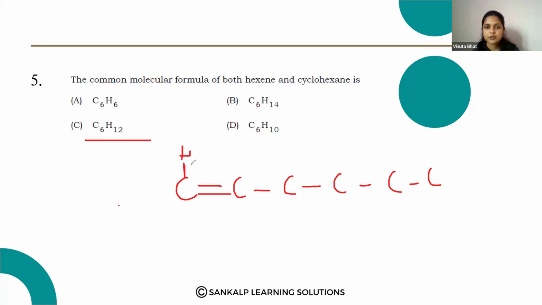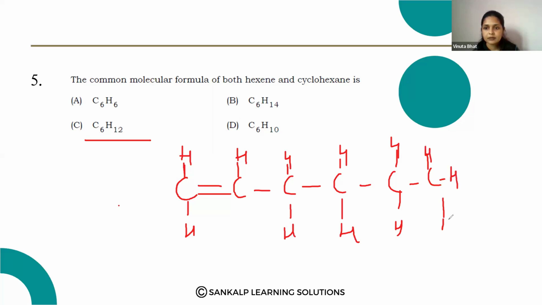Here H, 1, 2, 3. Only one H here, and H. Here also H. 1, 2, 3, 4, 5, 6, 7, 8, 9, 10, 11, 12.